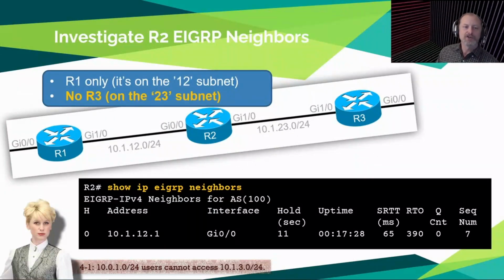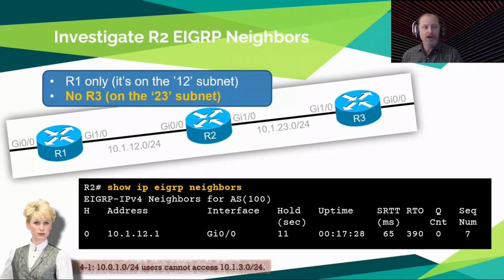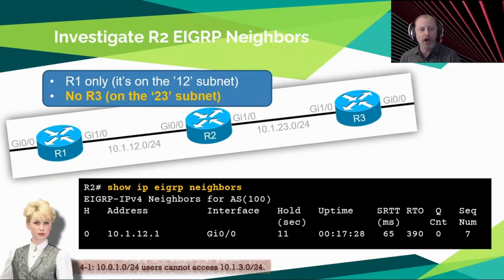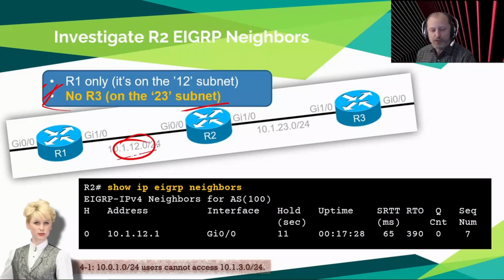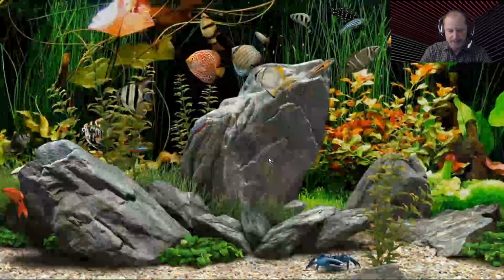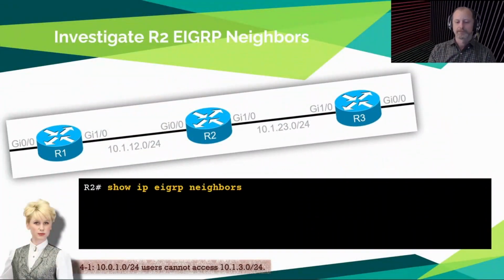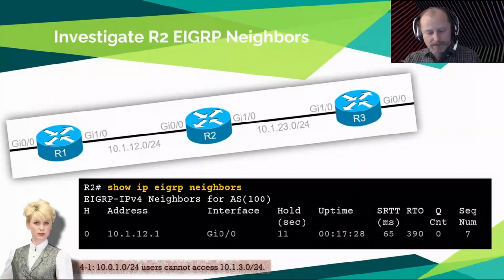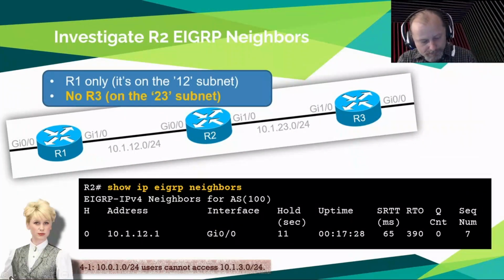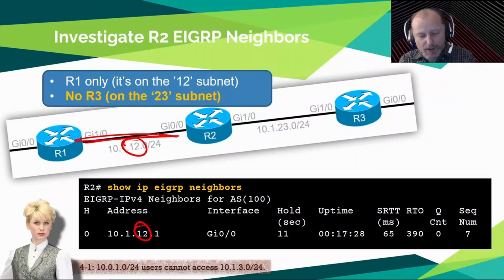So if we do show IP EIGRP neighbors for R2, we can see R2's only neighbor is R1, right, on the 12 subnet. Hold on, I gotta clean this out. There we go. Okay, on the 12 subnet, right? So R1 and R2.